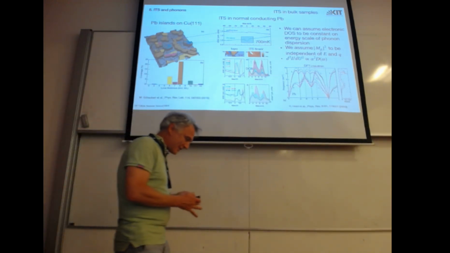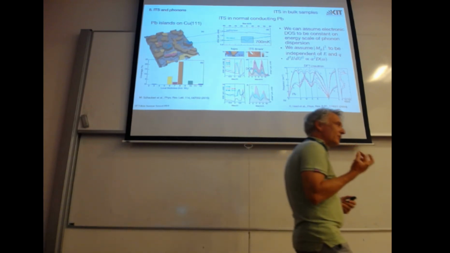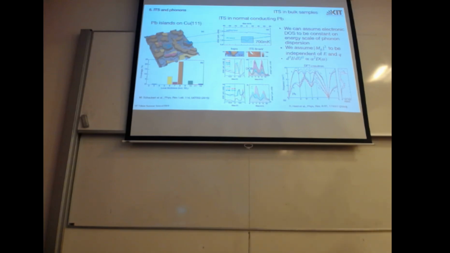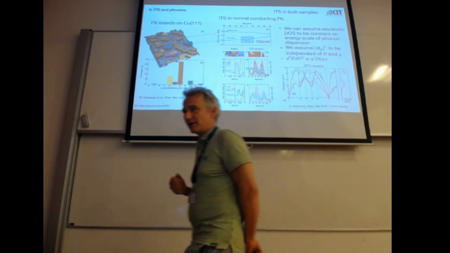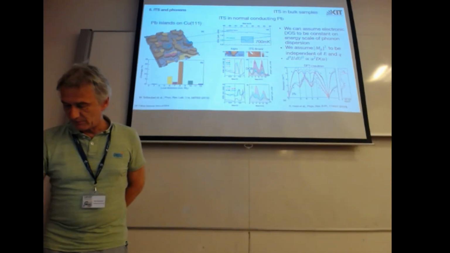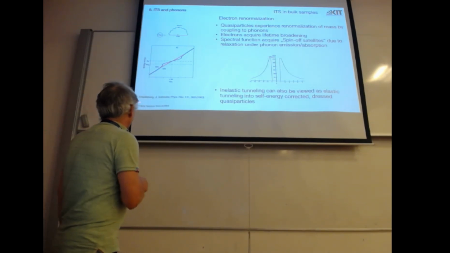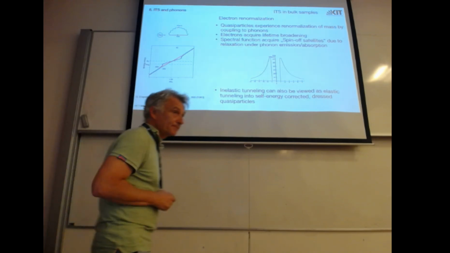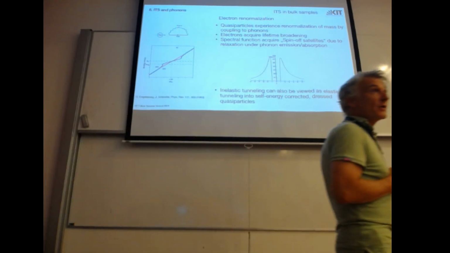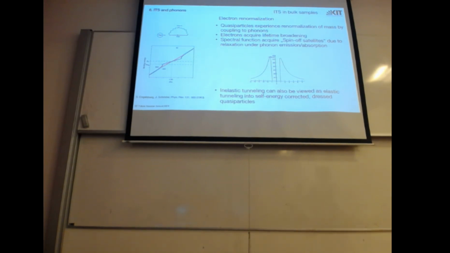Okay, it's a little bit strange that you would see phonons in the tunneling current. This picture of the elastic and inelastic channel is maybe not the best view to look at that. There is another view, which is older than all of this, which comes from Schrieffer. So the question is, what are my electrons?